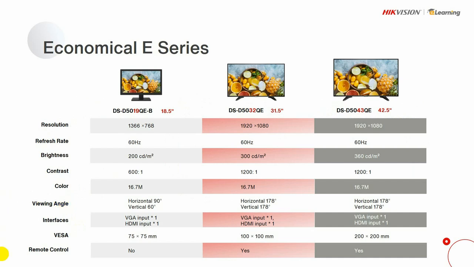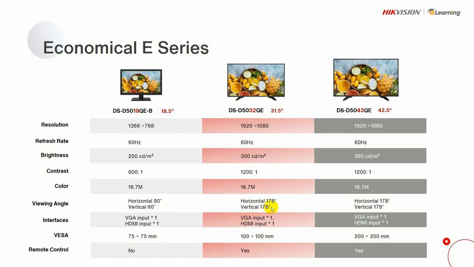We can find that the smallest one, the 18.5-inch, supports a resolution of 1366 multiplied by 768, and the rest of them are all 1080p. And they all have a refresh rate of 60 Hz, but with different contrast and brightness. The viewing angle for the smallest one supports horizontal 90 degrees and vertical 60 degrees.